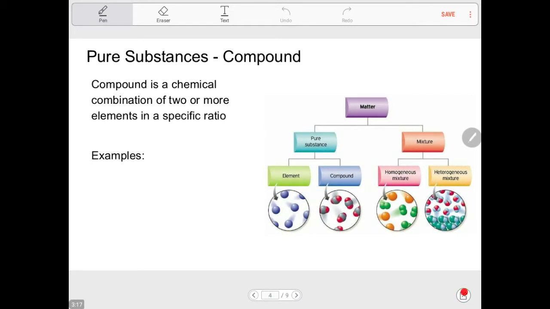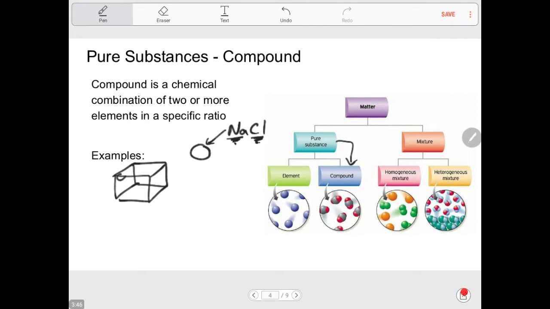If we go to the other side now, we have a compound. Well, what does that mean? Pretend I have a cube of salt, a little cube of salt. I know that a molecule of salt is composed of Na and Cl. It's a sodium atom and a chlorine atom. We'll come across that later.